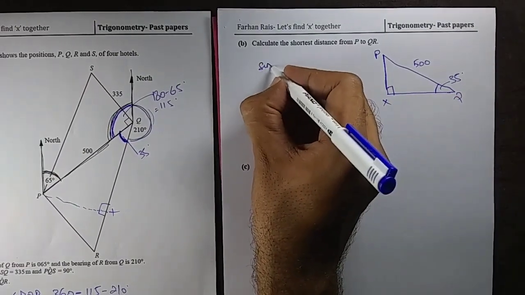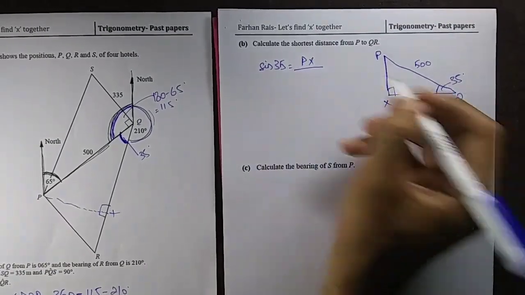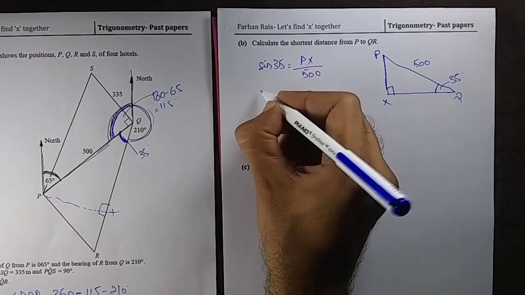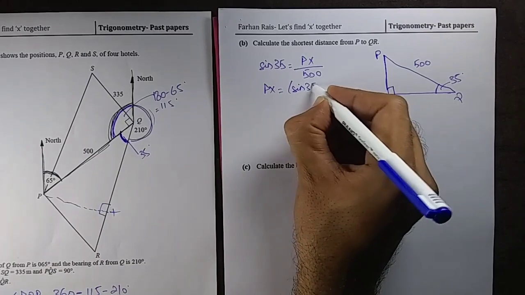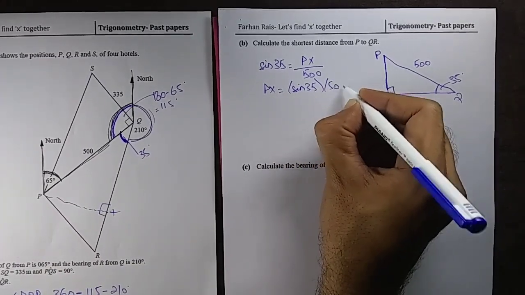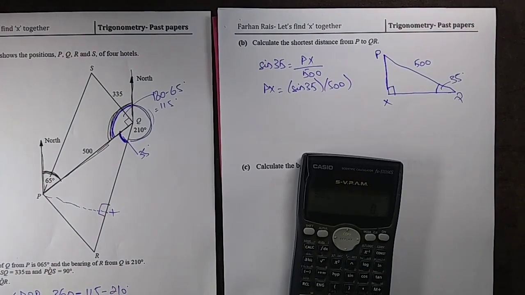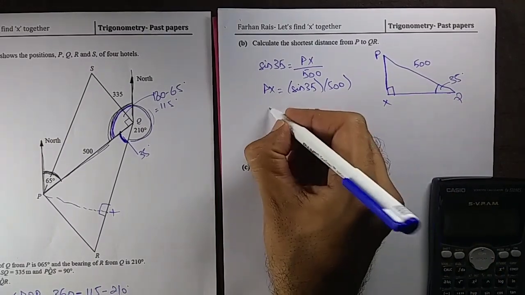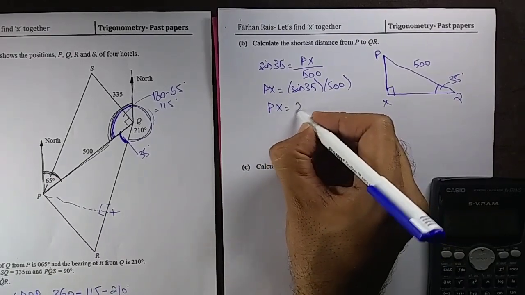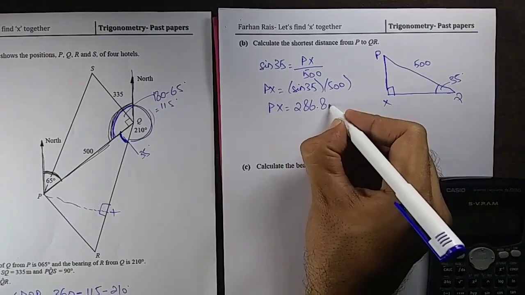So sine 35 equals PX upon 500, and PX would be equal to sine 35 times 500, and that can be calculated with the help of a calculator as 500 times sine 35 equals 286.78. PX equals 286.8 meters.